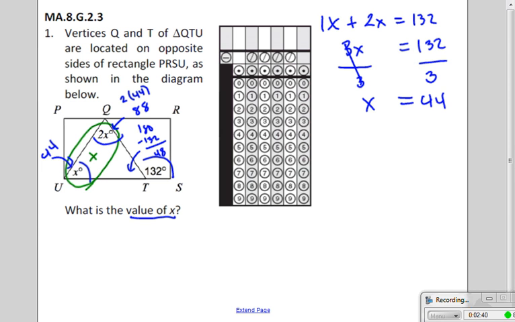And the final thing that you need to know about this is that 48 plus 88 plus 44 all add up to be 180, because all three angles in a triangle will always be 180. But let's get back to the problem. The problem asked you for x, and x is 44, so I bubble in 44.